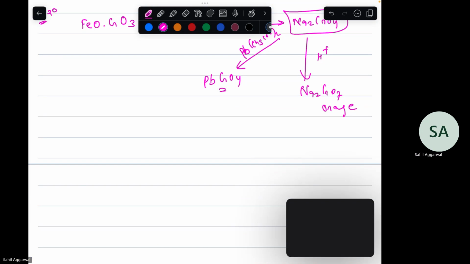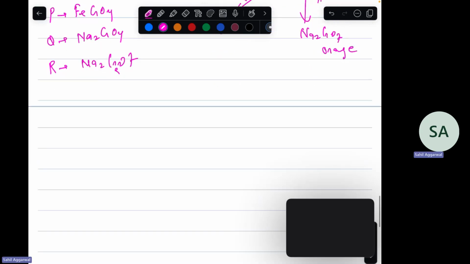So P will be the chromite ore, Q would be Na2CrO4, R would be Na2Cr2O7, and S would be PbCrO4, yellow color. So A and C would be correct. Understood?